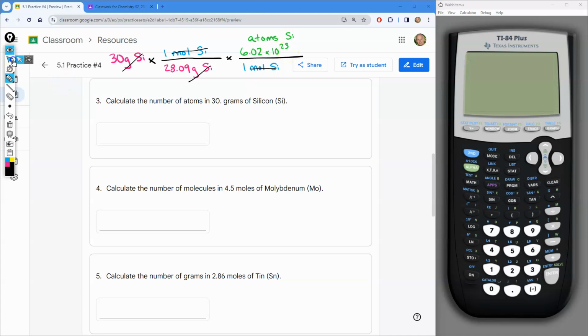And let's put this in the calculator. So we have 30. 28.09 is in the denominator, so we're going to divide by 28.09 and hit enter. I want to multiply by 6.02 times 10 to the 23rd. So again, if I press the multiplication button, I get the ANS, and then 6.02, second E, and 23.